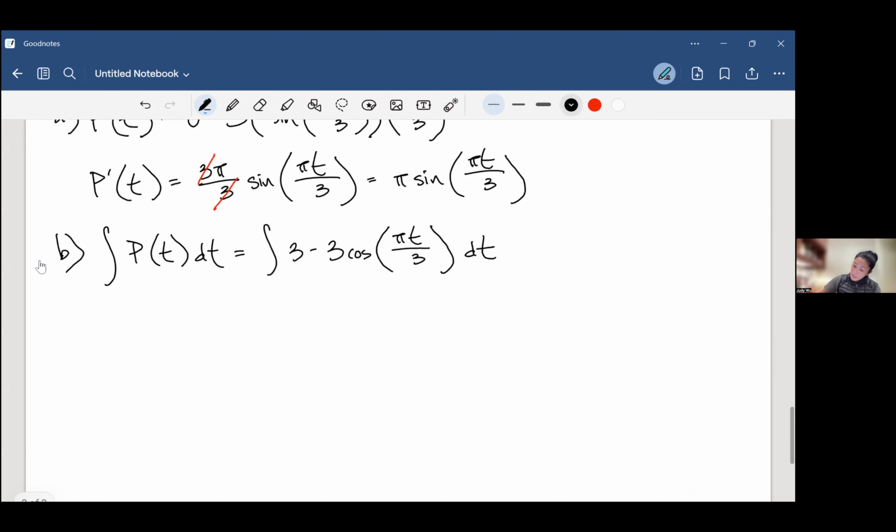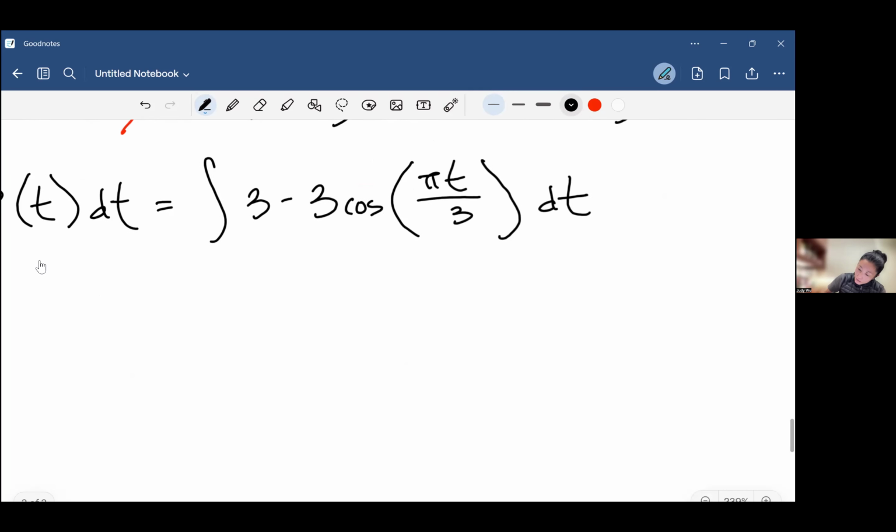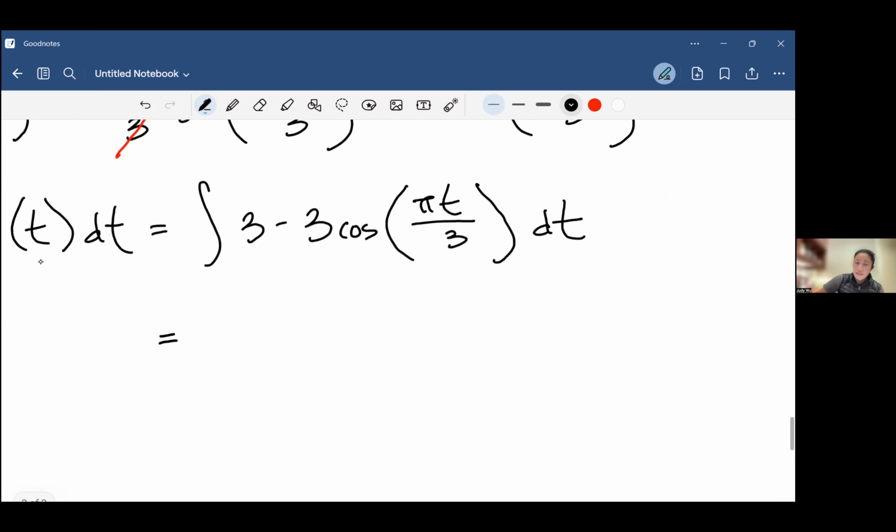Okay? All right, so our integral rule is a little bit different, right? This first 3 doesn't go to 0 because I'm not taking a derivative. But what did I take a derivative of to end up with 3? It was 3t. Okay? All right, minus 3.